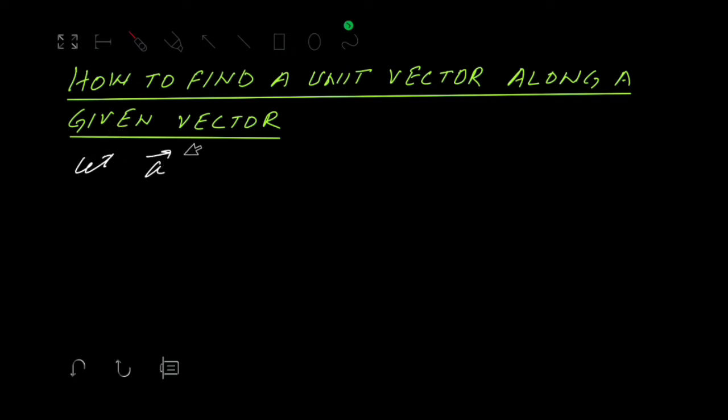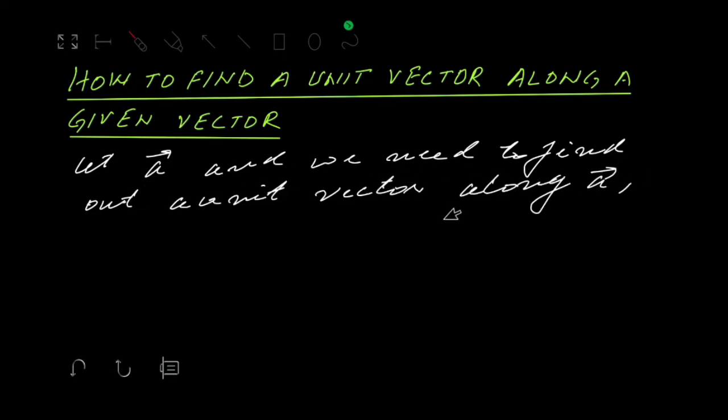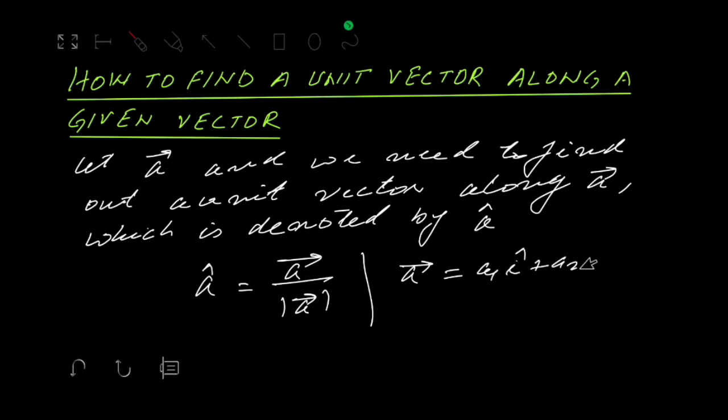A is a given vector and we need to find a unit vector along vector A, which is denoted by A cap, and is given by A cap is equal to vector A divided by magnitude of vector A. For example, vector A is A1 i cap plus A2 j cap plus A3 k cap.